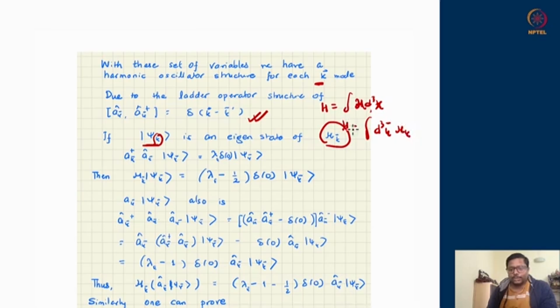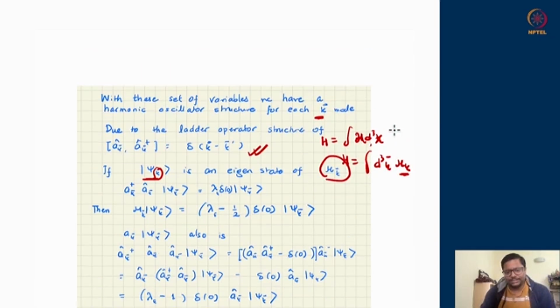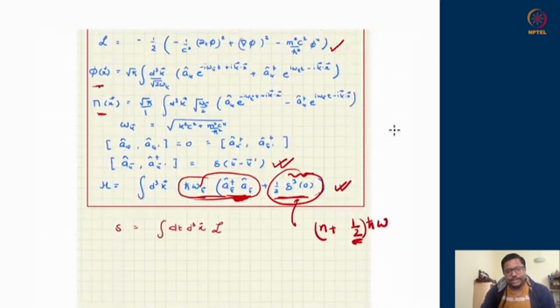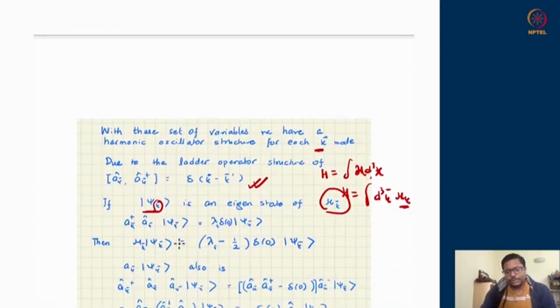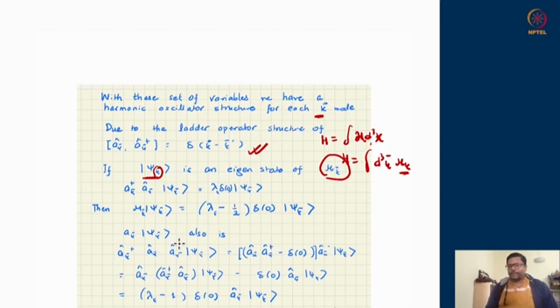So the total Hamiltonian can be written like this too. This is an exercise for you to find out the expression of h_k, and actually you can see h_k is nothing but the harmonic oscillator. This is your h_k. Okay, so now we have a Hamiltonian for each k.